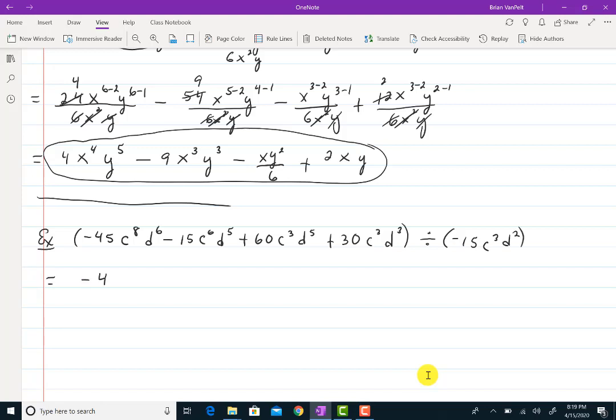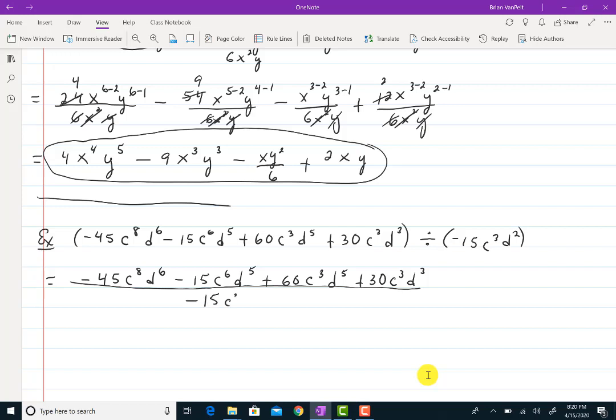And once again, I'll go through the effort of writing it like the other problems. Got to make sure that I get all my exponents correct. Like I said, I don't need to do it right now, but when I do break it up into pieces, I'll give myself a little space for when I go subtracting off exponents. So all of that is divided by negative 15 c cubed d squared.